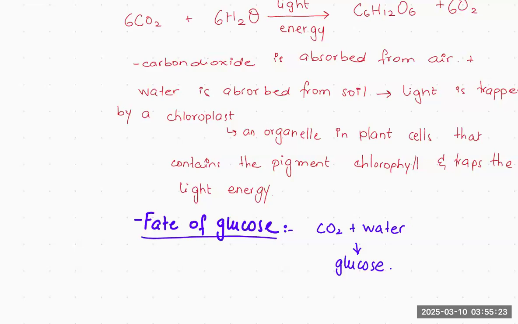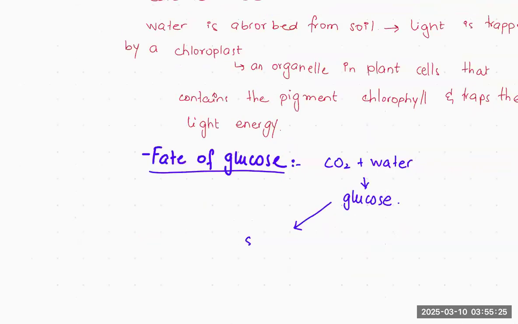Starch is the storage form of glucose in plants. In animals, the storage form of glucose is glycogen. In plants, the storage form of glucose is starch.